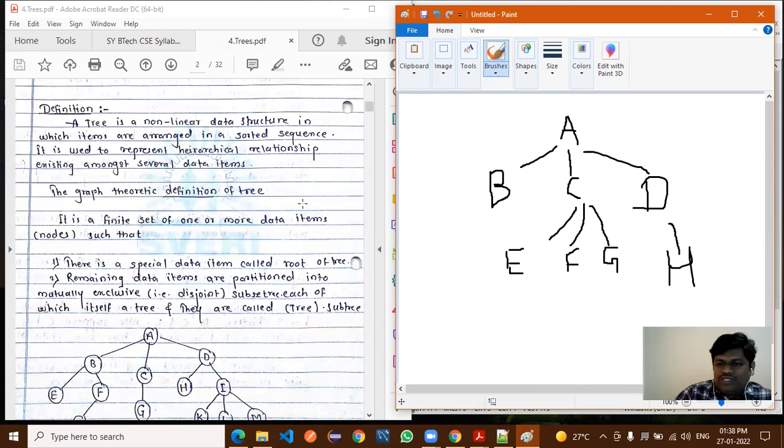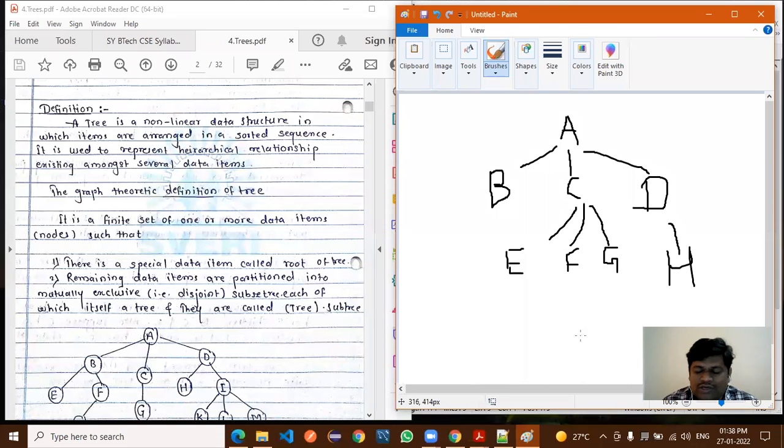Now, what is the definition of a tree? What is the first statement when you are writing the definition of a tree? A tree is a what type of data structure? Linear or non-linear? Non-linear. So always remember: if you are writing the definition of stack, the first statement is that it is linear.